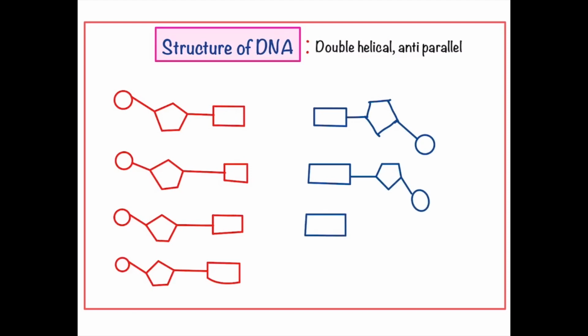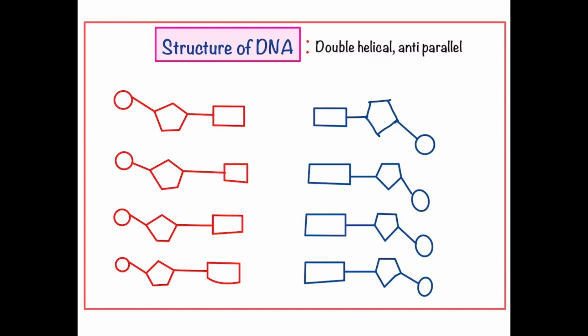Like this. This is the third one. We have to draw a total of 4. I am drawing it so that you can also refer to how to draw. That's why I am drawing it live. I have not used here the already drawn structure, right? Okay, so this is my last nucleotide.